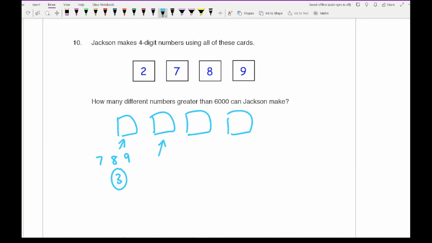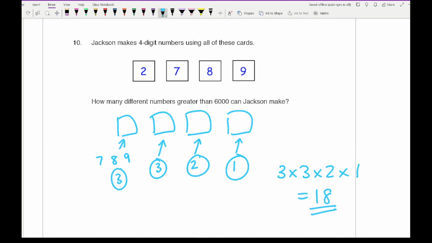Then, as I've already used one of the numbers for the first number, that gives me 3 left. Then I've got 2 left, and then I've got 1 number left. So if I multiply these numbers together, I've got 3 times 3 times 2 times 1, which gives me an answer of 18.